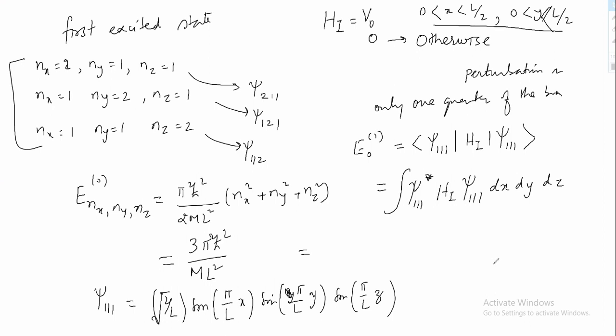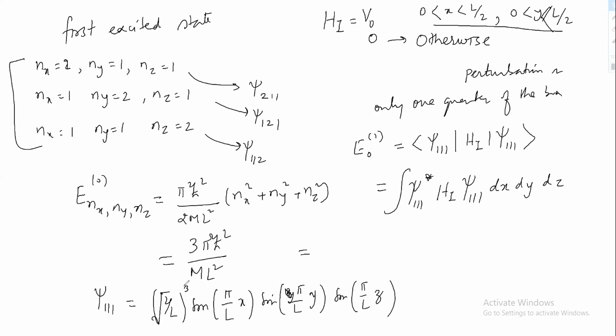And as you can see, we are applying the perturbation only in the region of x and y. So root 2 by L whole cube, okay? Root 2 by L cube, because we have to count root 2 by L three times.